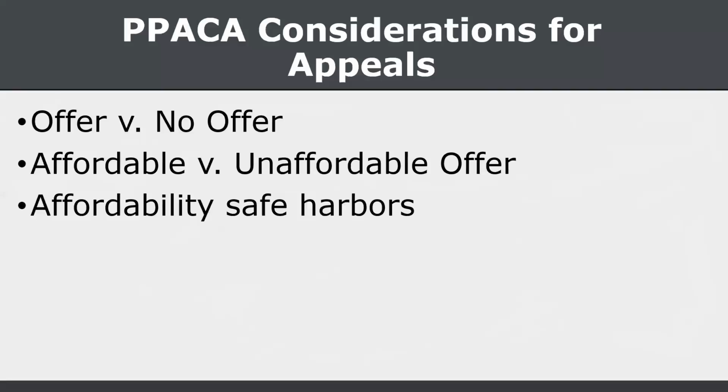Because even if it's not a decision that your board made, that, hey, we're not going to offer the full single, but we'll offer enough of it to make sure that we meet the affordability safe harbor, you need to know that when you're certifying to the IRS that your offer may or may not have been affordable for that employee. And we'll show how that's important on this form as we go.